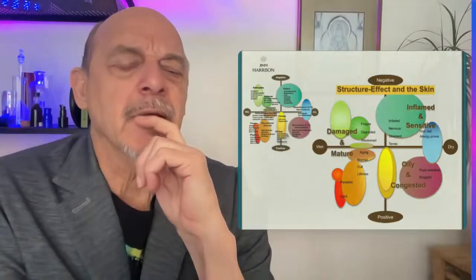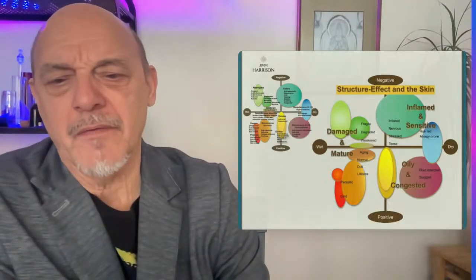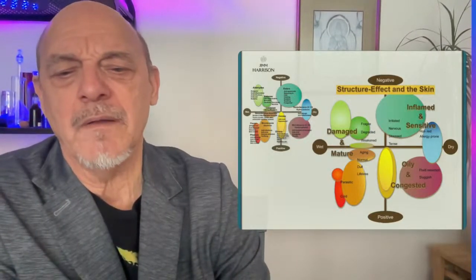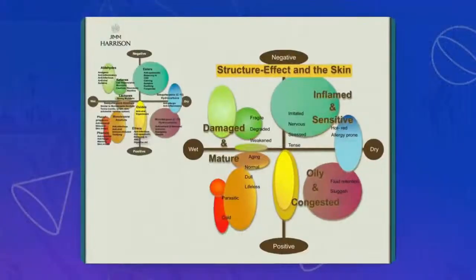Now, I'm throwing in a little bit of extra, because when I do the analysis, I'm going to include chemistry. In chemistry is what's called functional group theory, which has been dismissed by a lot of the so-called experts in the aromatherapy industry, some of the top respected people.